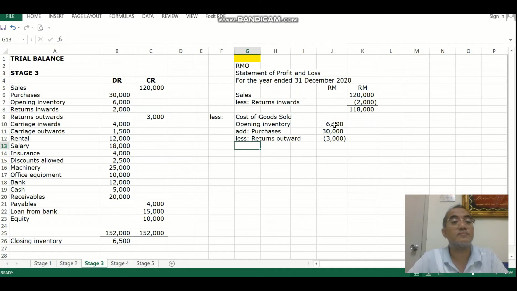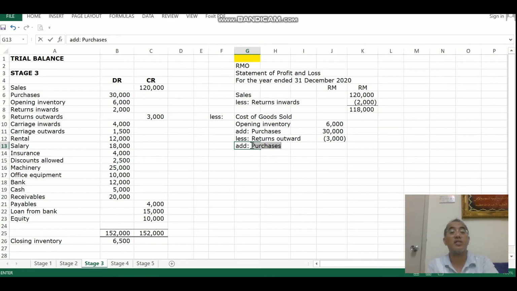And then now we have carriage inwards. Carriage inwards is actually the charges that we incur when we bring the goods in. It's like import duty, like when you purchase a scarf online. The scarf maybe costs you 10 ringgit, but you need that scarf delivered to your house, in front of your doorstep. So you need to pay for the delivery charges, the courier charges.